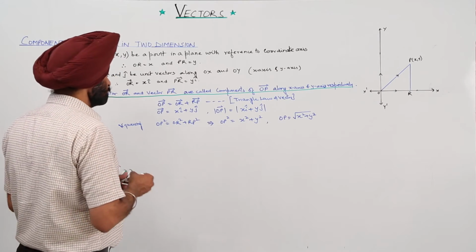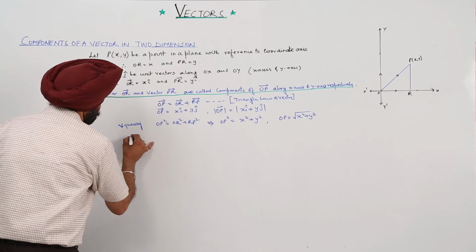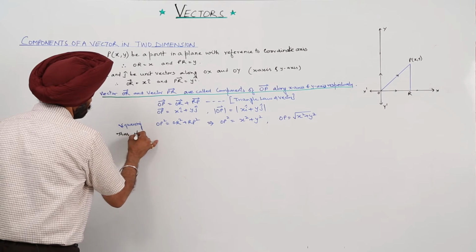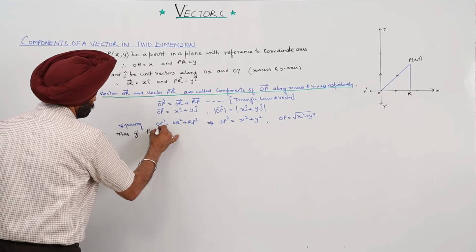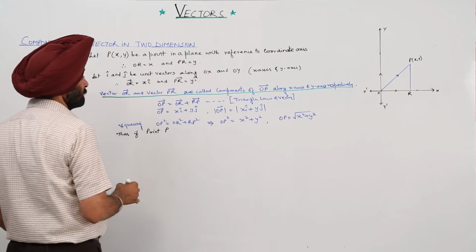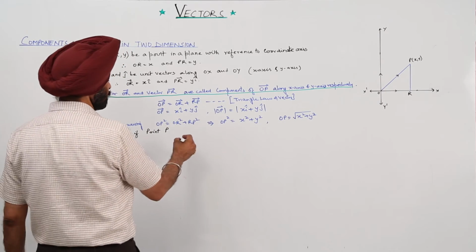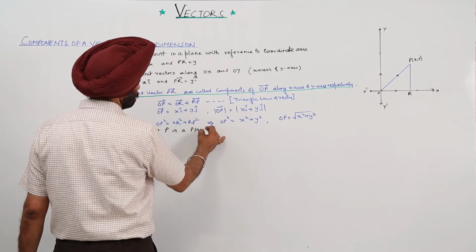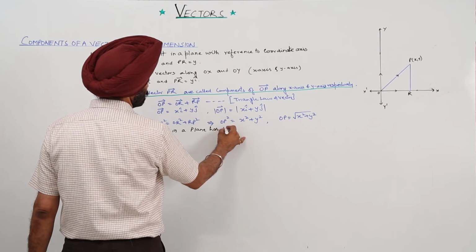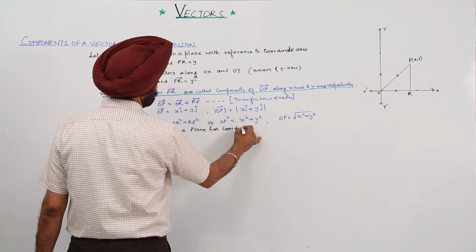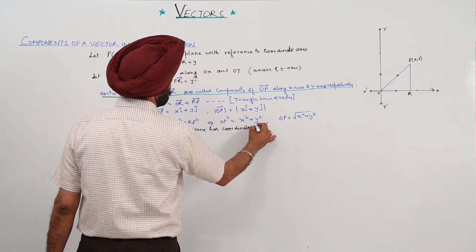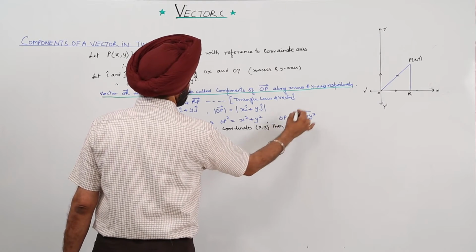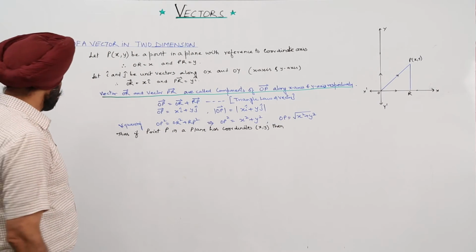Thus, if point P in a plane has coordinates x comma y, then what are the conditions?